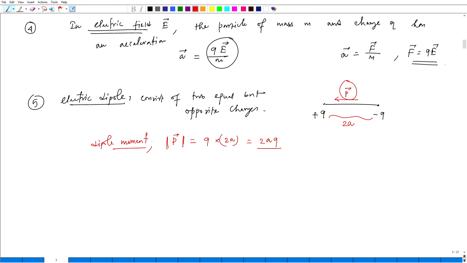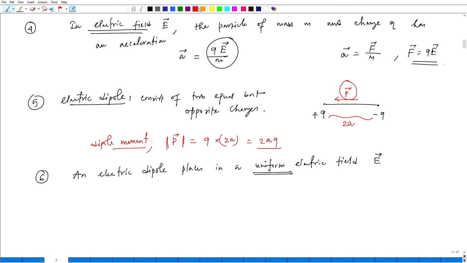This is the magnitude. Now if we place this electric dipole in a uniform electric field E, the uniform is important.